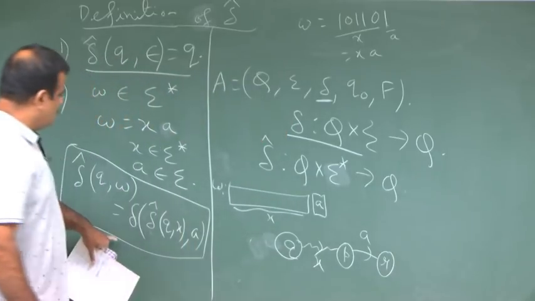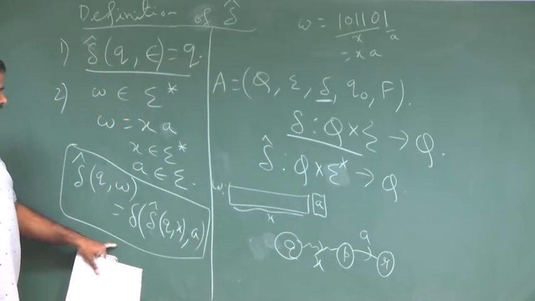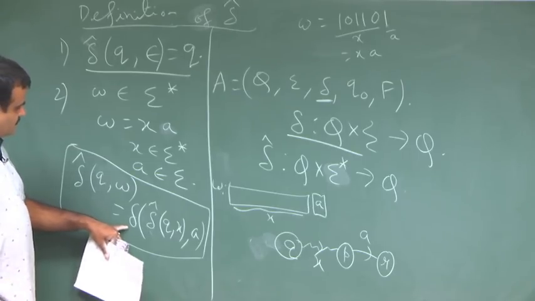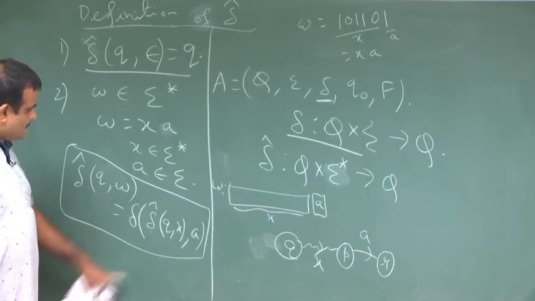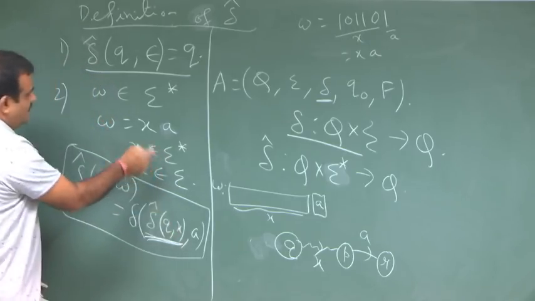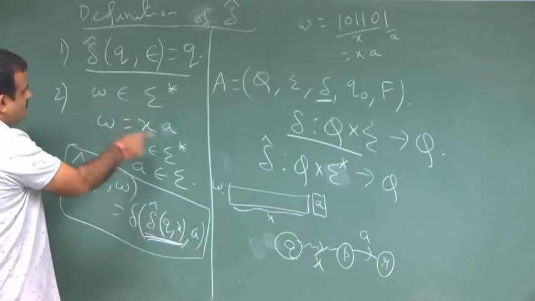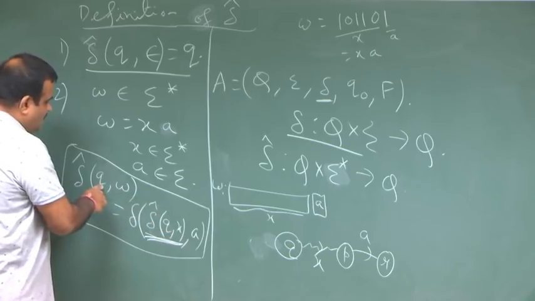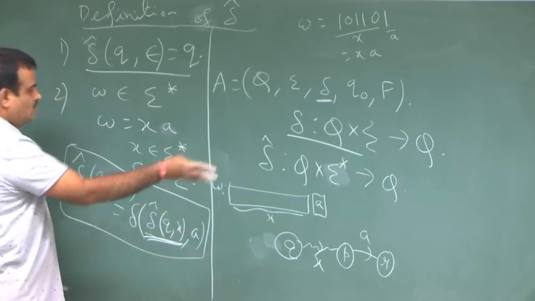That is the way we define it inductively. So, x is again a sequence. Now, if it is only A, then x is epsilon. So, we remain in q, we take A and we go to another state.